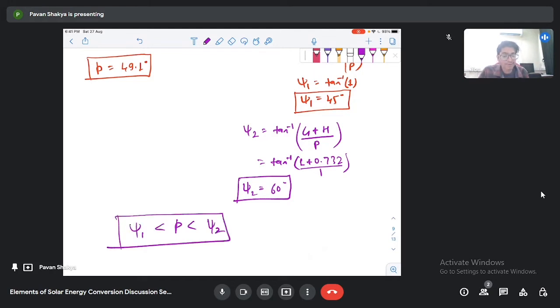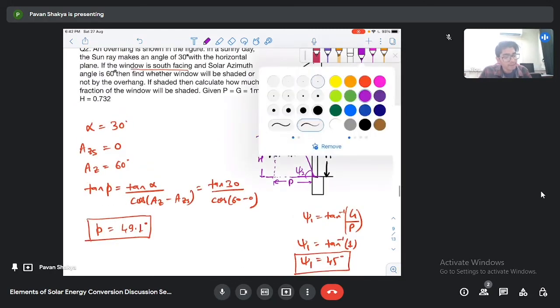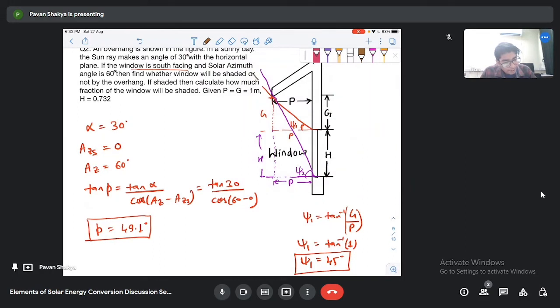It means that the sun ray will be like this, and this angle will be our profile angle, that is small p. So how much portion will be shaded?